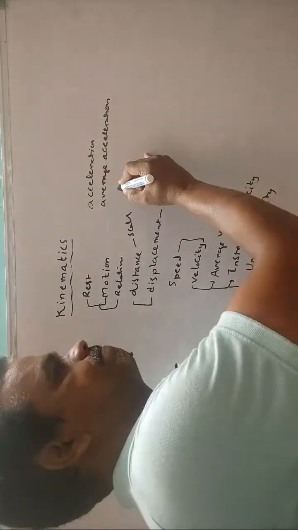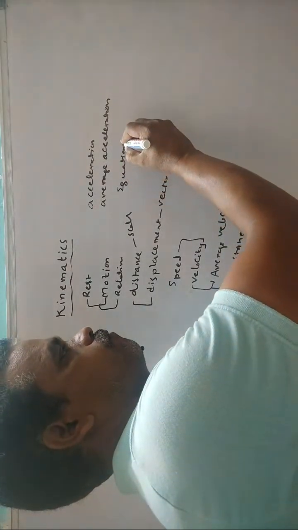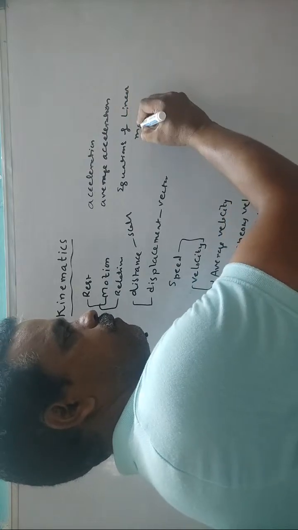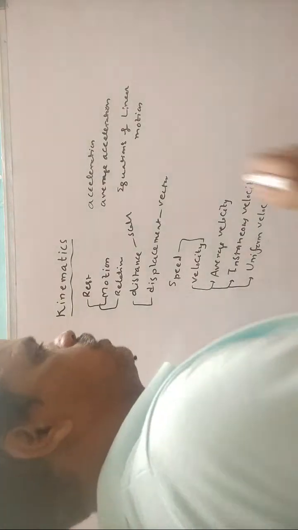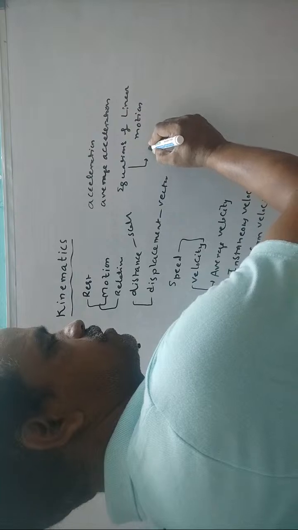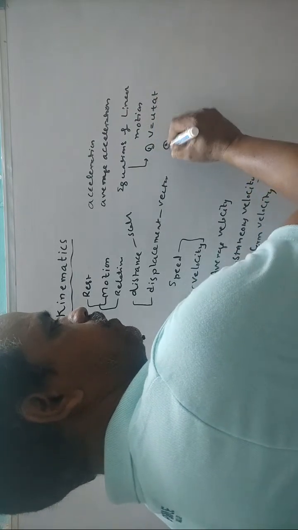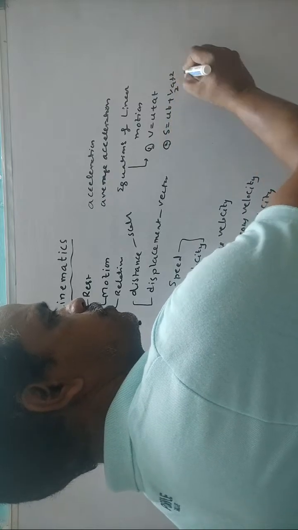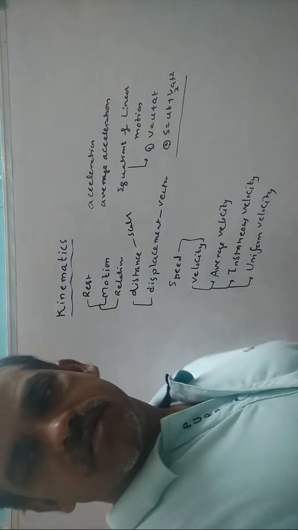Next, I discussed equations of linear motion. In these equations I discussed v equal to u plus at. Second one is s equal to ut plus half at square. See, up to now I discussed these things.